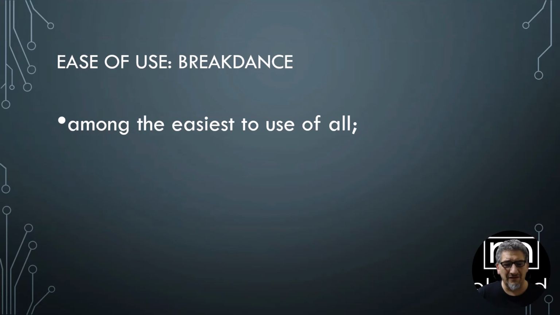Breakdance, among the easiest to use. I've used many page builders, and that's probably at least one of the easiest ones that I've used so far. So really easy to use. Not a big fan of the panel. I'm used to Elementor and Bricks that have two columns with bigger icons and so on. But then again, once you start to use the search feature, that goes really well. And like I said, all the rest is a lot easier to use.